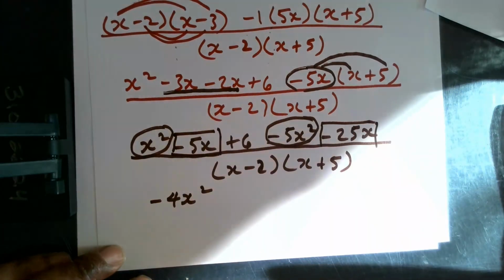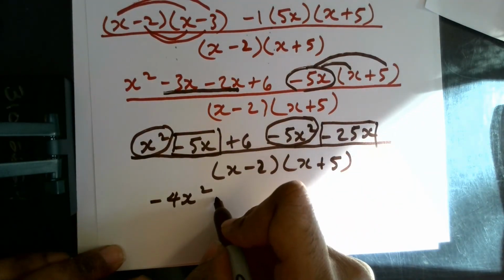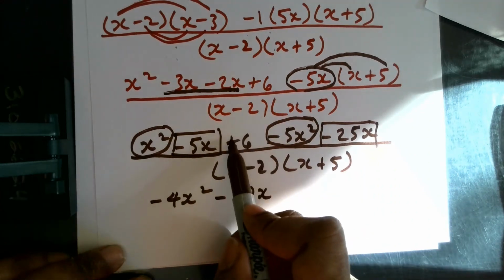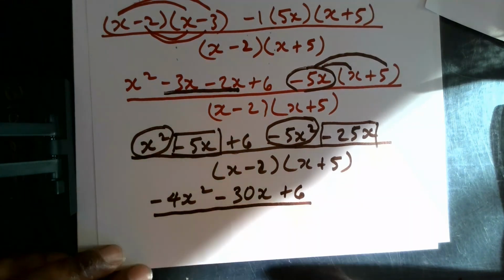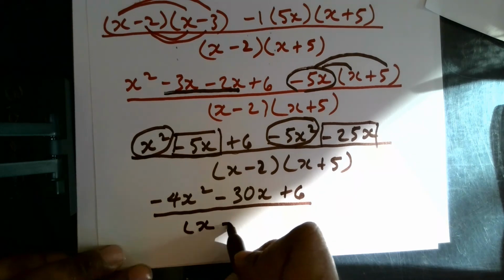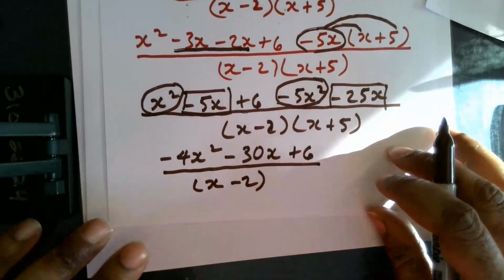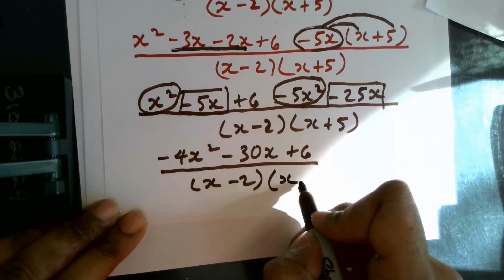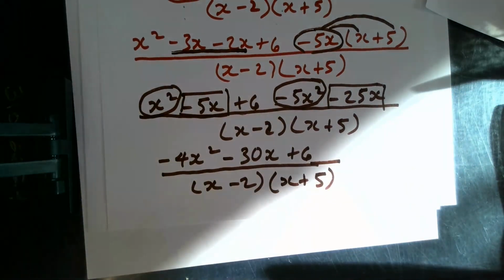Those two would combine to give me negative 30x. And we have a constant term that is plus 6 all over x take away 2 times x plus 5.